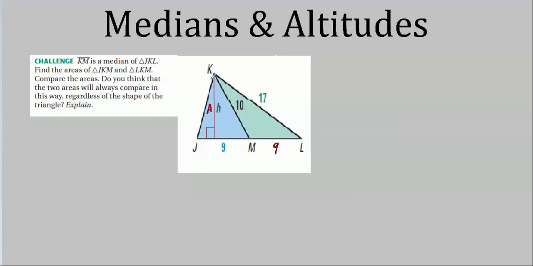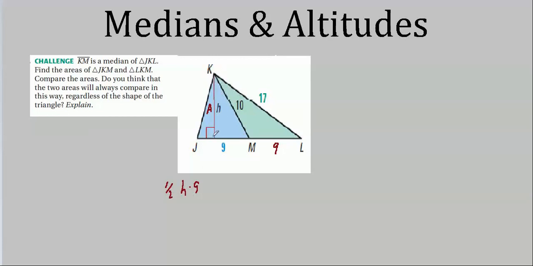Okay. The area of this triangle is going to be 1/2 H times 9. Now this one is an example of something I showed you way at the beginning of this video, where the altitude isn't necessarily inside the triangle. When we're considering this triangle, we have to extend the base out here and drop the perpendicular down from the vertex to the extended base.